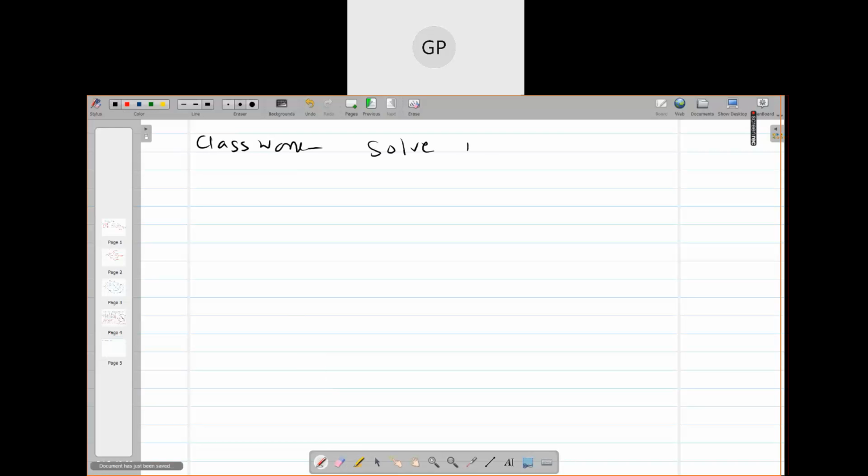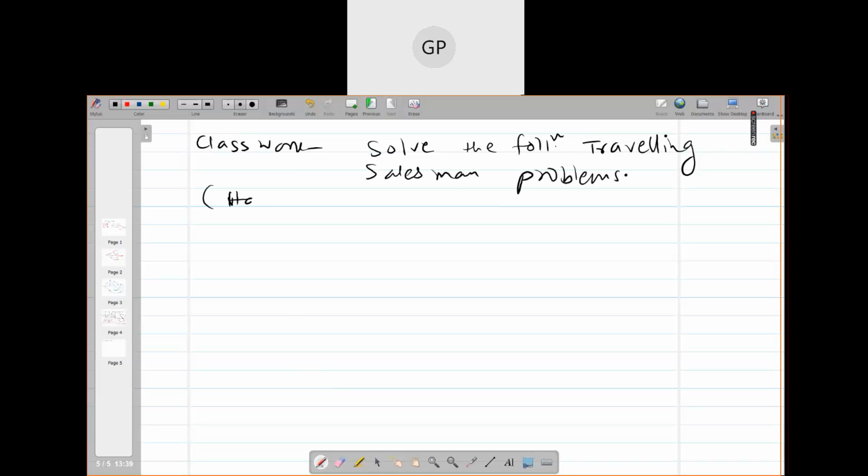Solve the following traveling salesman problems. Traveling salesman problem means you have to find the Hamiltonian circuit with minimum length.